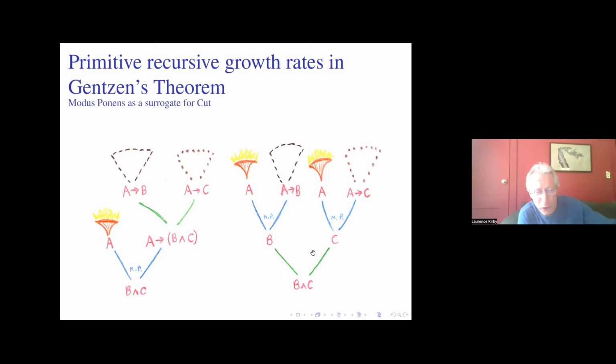We're going to iterate. But the problem is that if you look at the proof on the right, we've potentially doubled its size, because that sort of orange fire above A there, there's now two of them in our new proof, and that could have been the bulk of the proof. So we've doubled in size, and we've done that merely to move the modus ponens problem one level up. But so we have to iterate basically as many levels as the tree has, and that's where the doubling comes from.